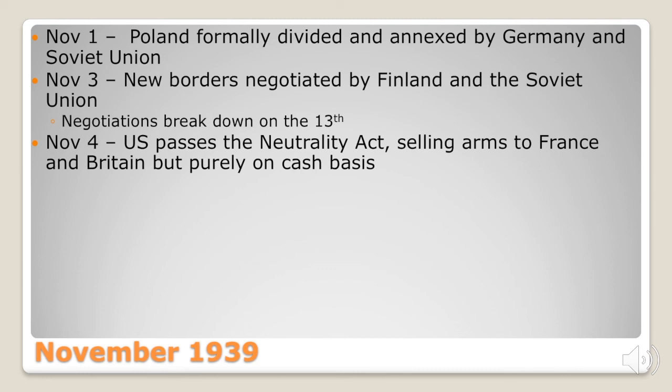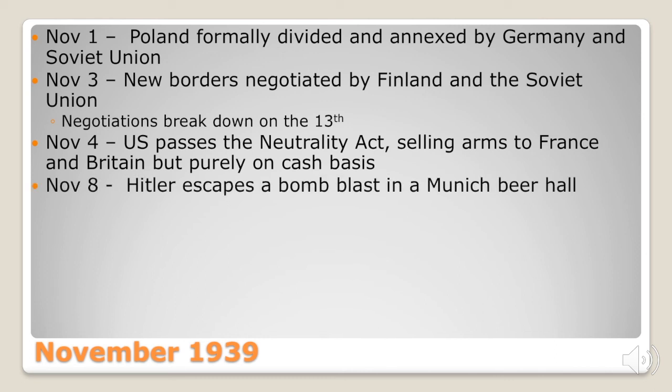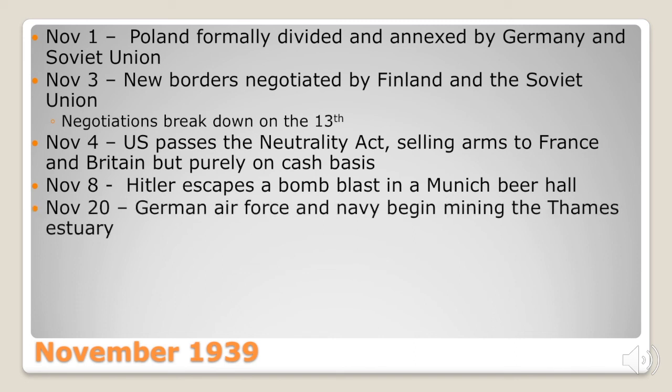November 8th, there's an assassination attempt on Hitler, but he manages to live. On the 20th, the German Air Force and Navy begin mining the Thames estuary. So the Thames estuary is basically the mouth of the Thames River, the part of the Thames River that reaches into the English Channel, and they start dropping mines there to try to make it difficult for Britain to deploy her ships.